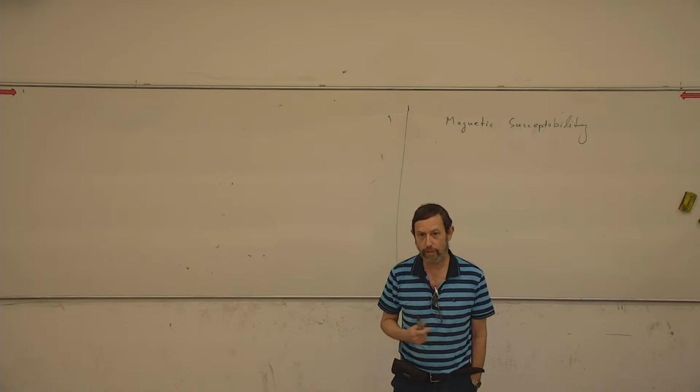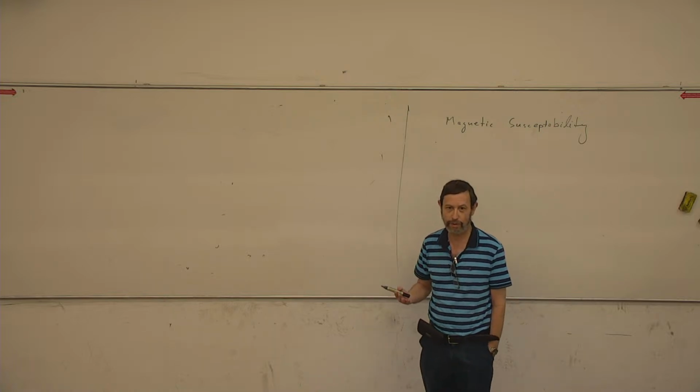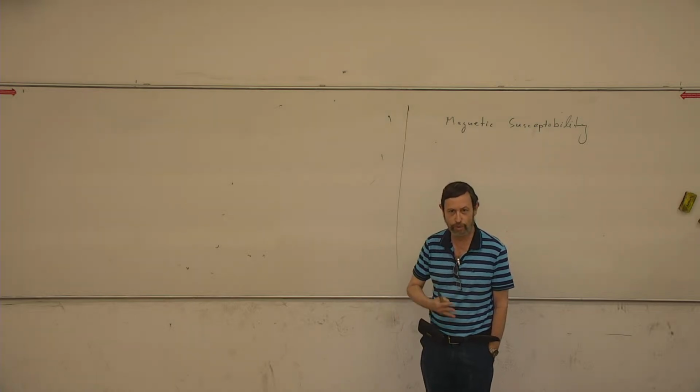But there is another mechanism that you know from high school where I have a magnetic response, which you use in electric motors and so on. Moving charge. Moving charge also creates a magnetic field.